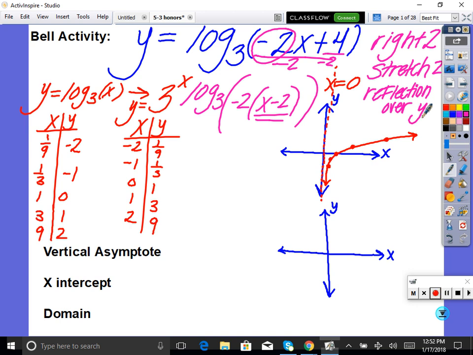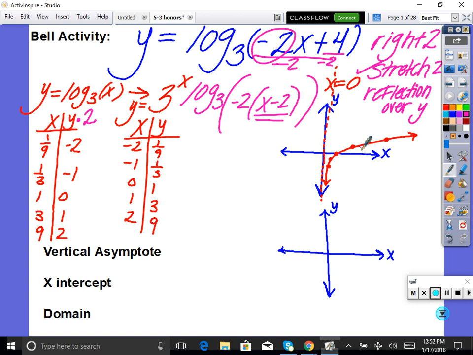Now look, a rough sketch will be easy to make, but we could also find the exact xy points if we had to for the test. So you would take those xy points and we're stretching them by 2. Doesn't that mean you take your y values and multiply them by 2? That's what vertical stretches do. Then it says a reflection over the y. So think about it, that would be changing your x's to be opposite, right?